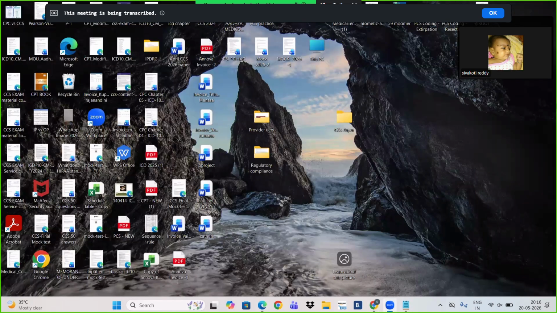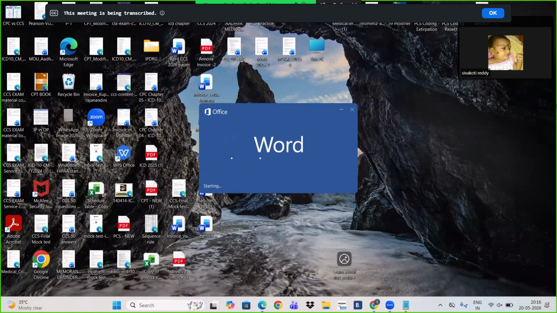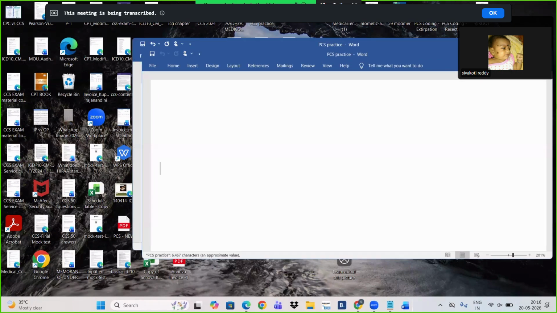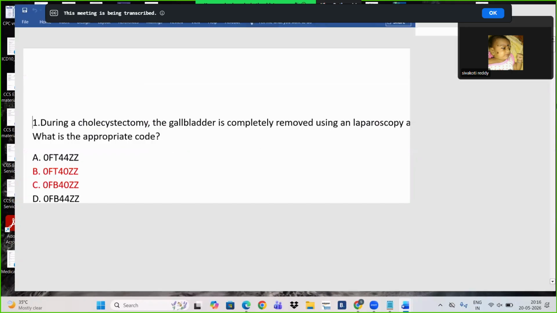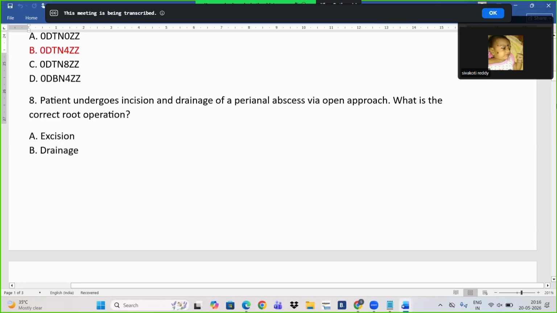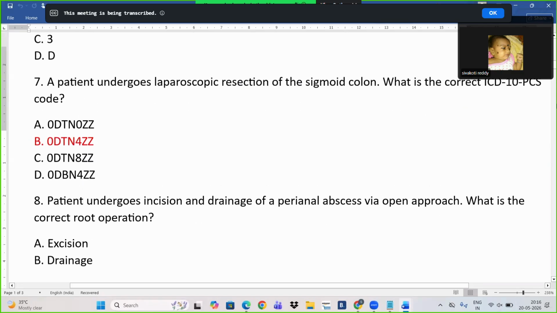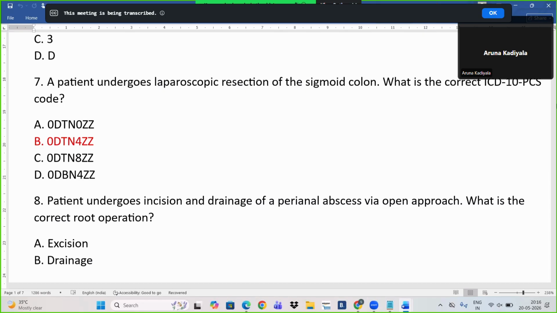I will show one example of how we get the multiple choice question. Identify the seventh question. A patient undergoes laparoscopic resection of the sigmoid colon.